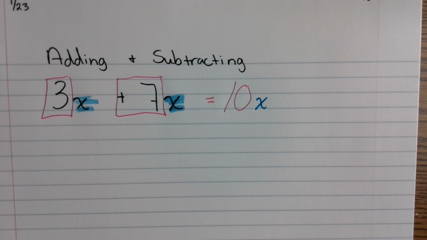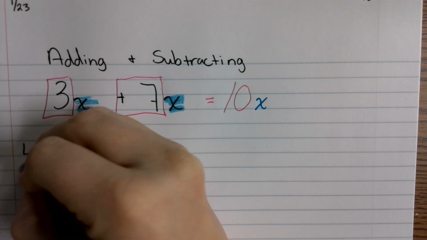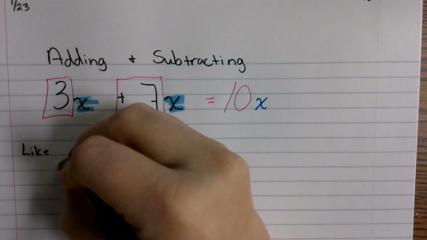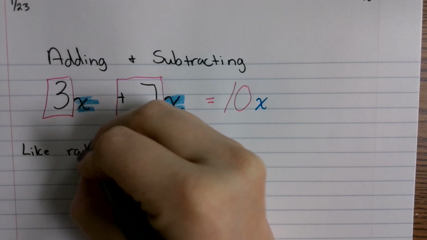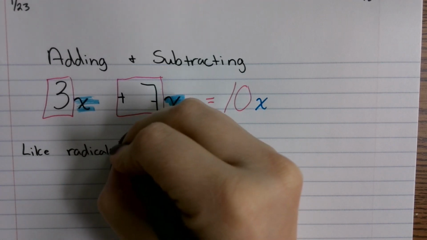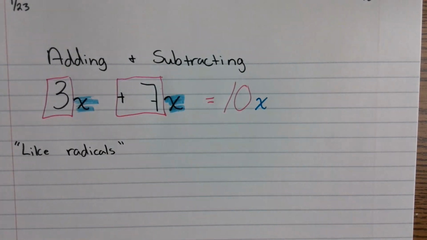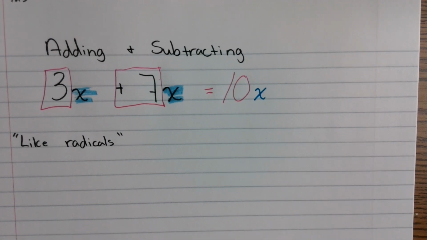It's the same thing with radicals. But in this case, you're having to combine like radicals. You add fractions with like denominators. You add expressions with like terms. You add radicals that are like radicals. And to be a like radical, it means you have to have a common radicand.